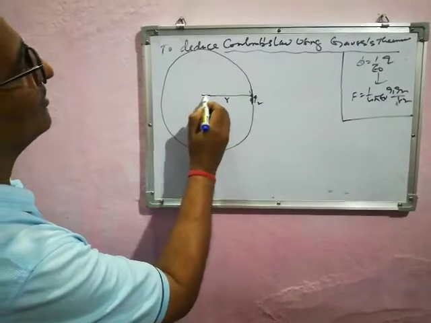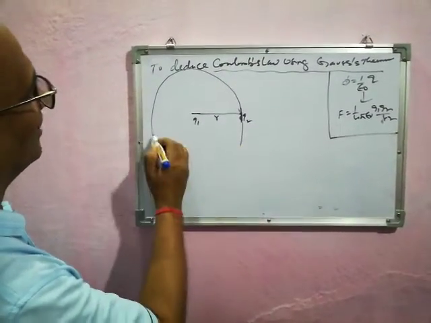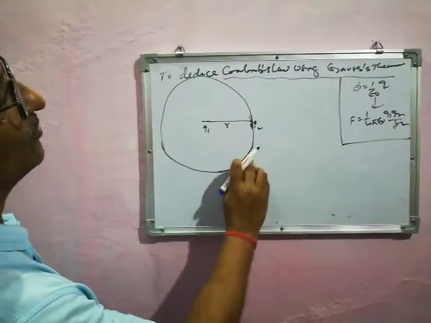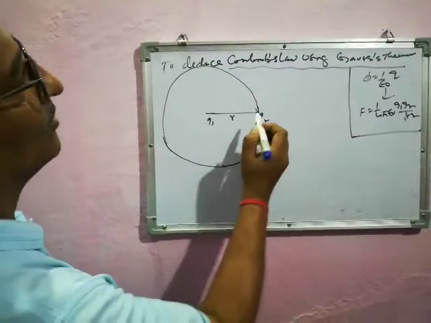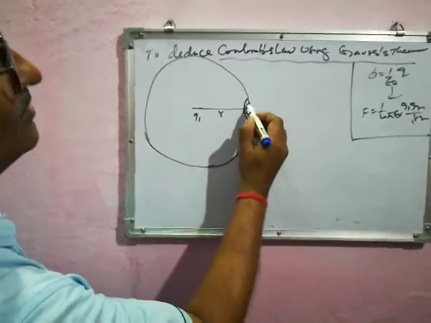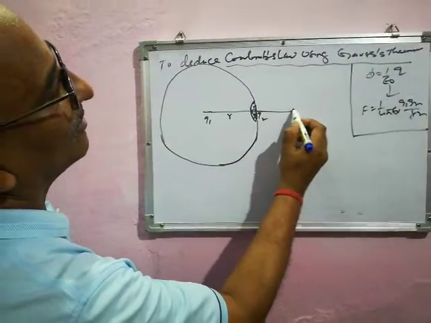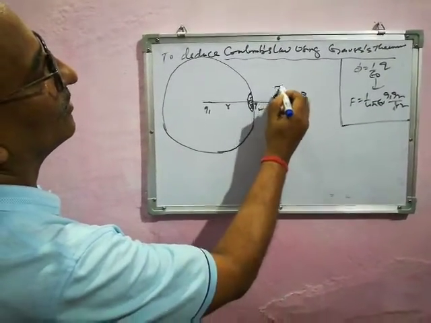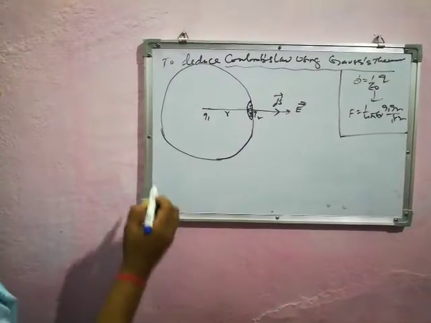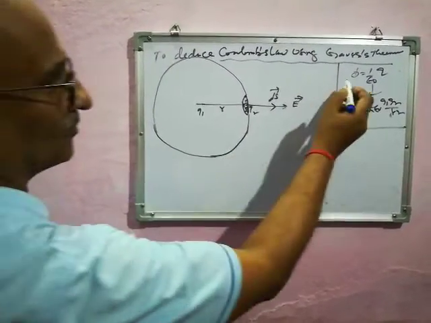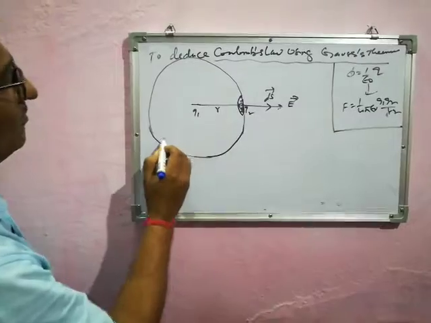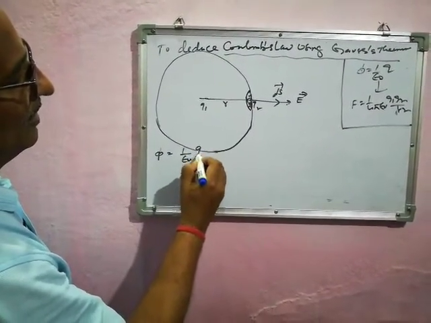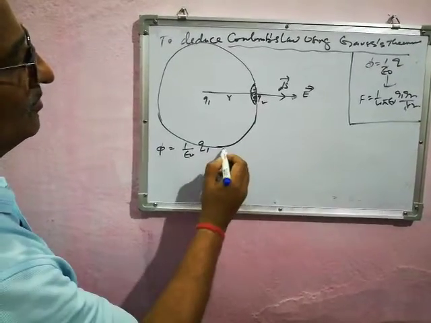Here the charge Q1 is at the center of the spherical shell, and Q2 is at the surface. Let us consider an area element. The electric field is along this direction, so the area vector is also along the same direction. Now from Gauss's theorem, we know that flux is equal to 1 by epsilon naught the charge enclosed, Q1.